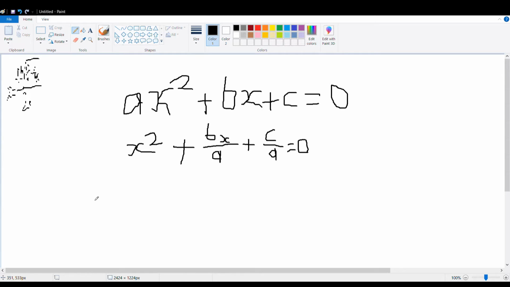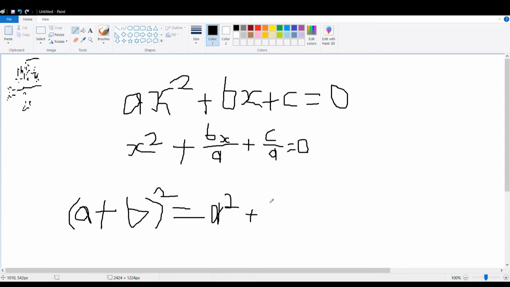So, we all know our perfect square, right? A plus B squared is equal to A squared plus 2AB plus B squared.